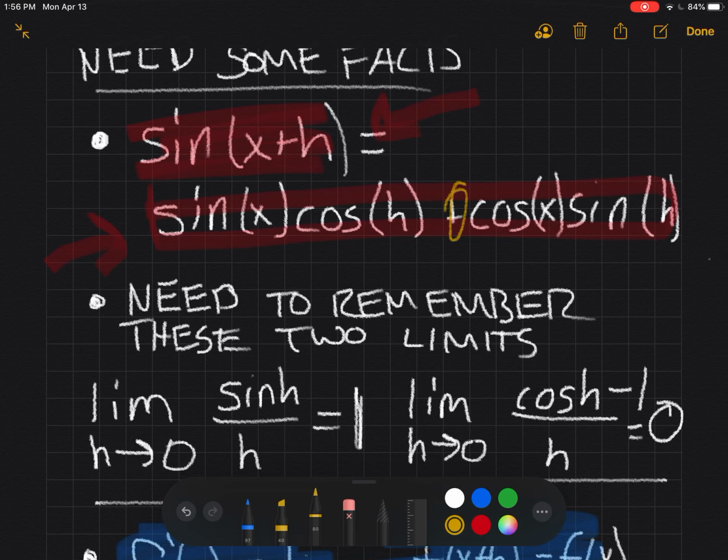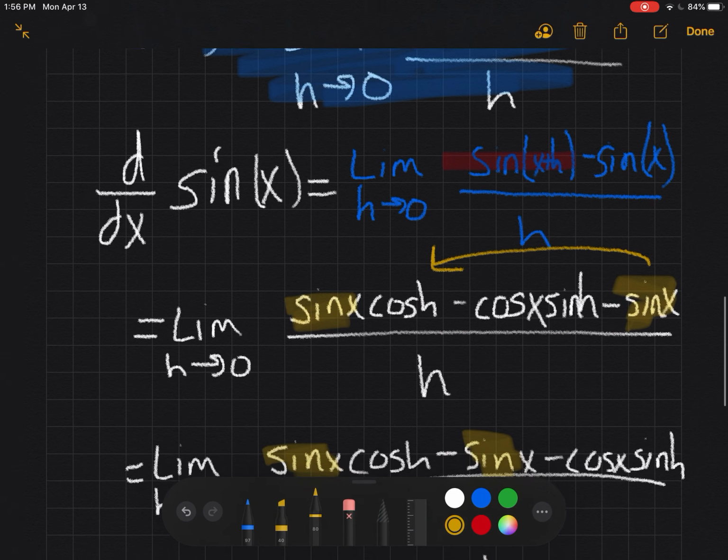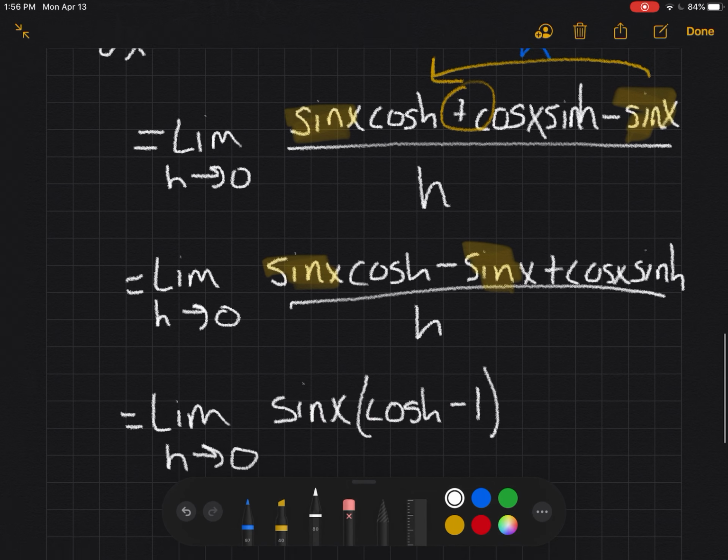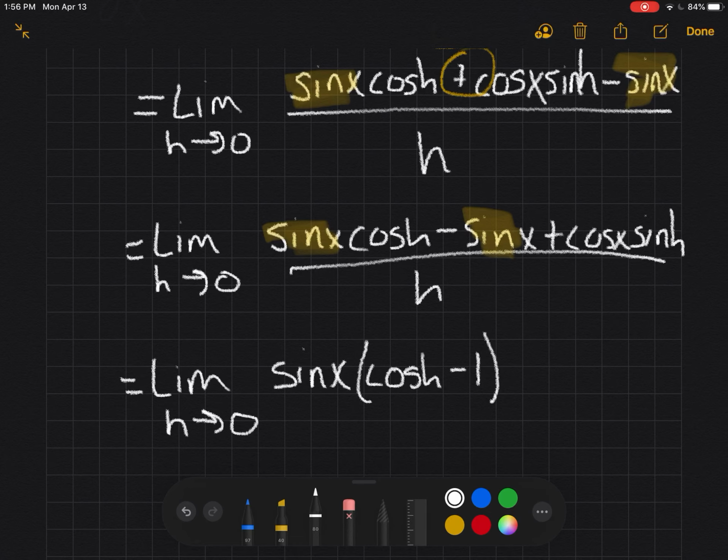oh, I think I messed up a sign here. Guys, I totally messed up a sign. Look at this. Sine of x plus h. I'm supposed to have an addition sign here in the middle. Do you see that? Addition. Let's scroll down and see what I did. Subtraction.